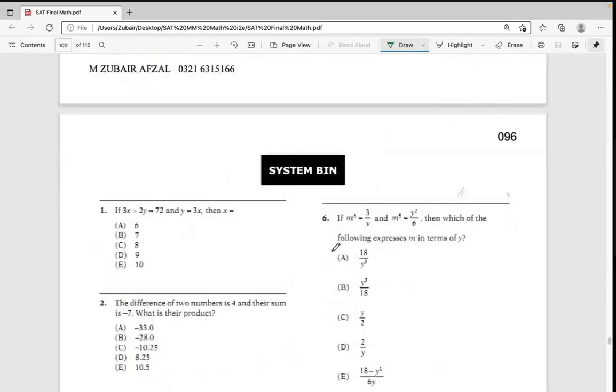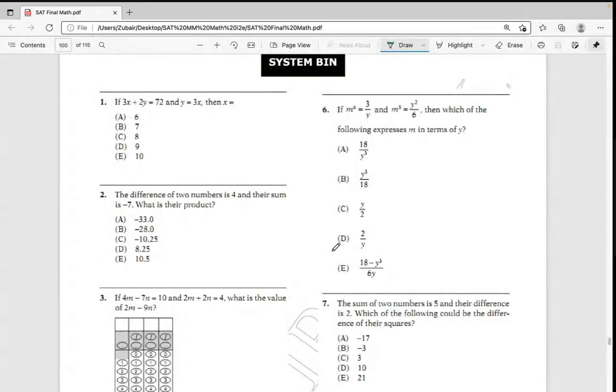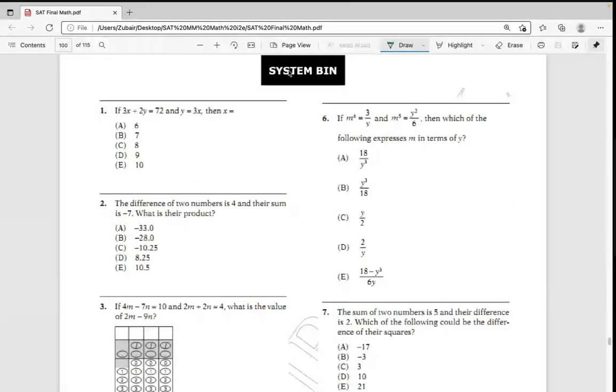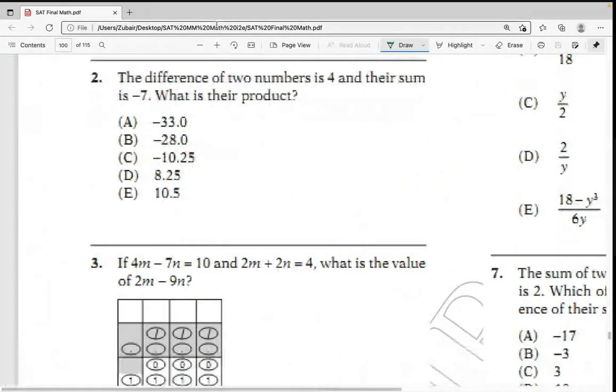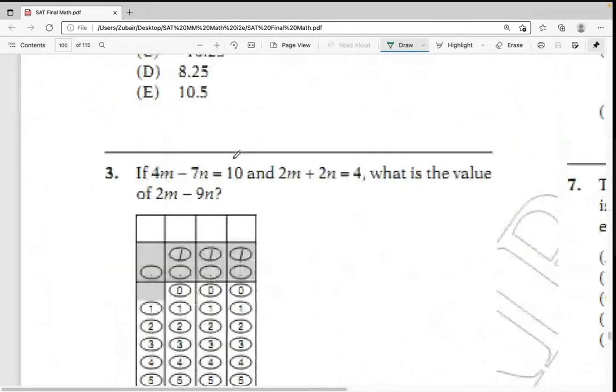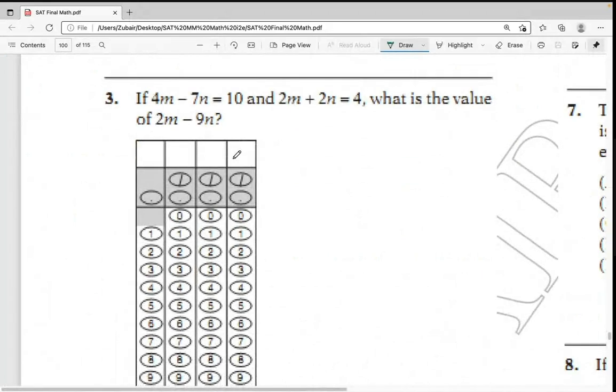Let's try this now. Systems basically means simultaneous equations, and most of the simultaneous equations in SAT would be solved by simply adding the two together or subtracting the two.